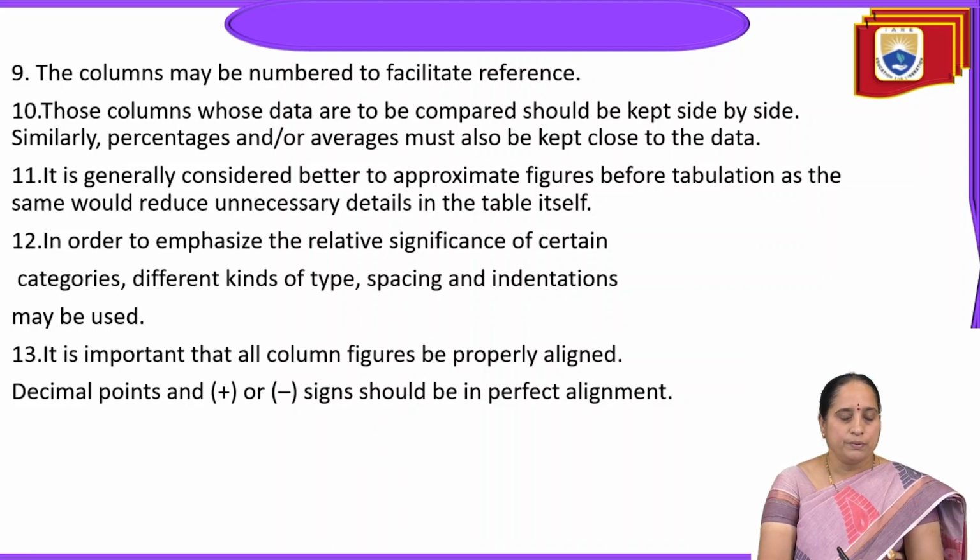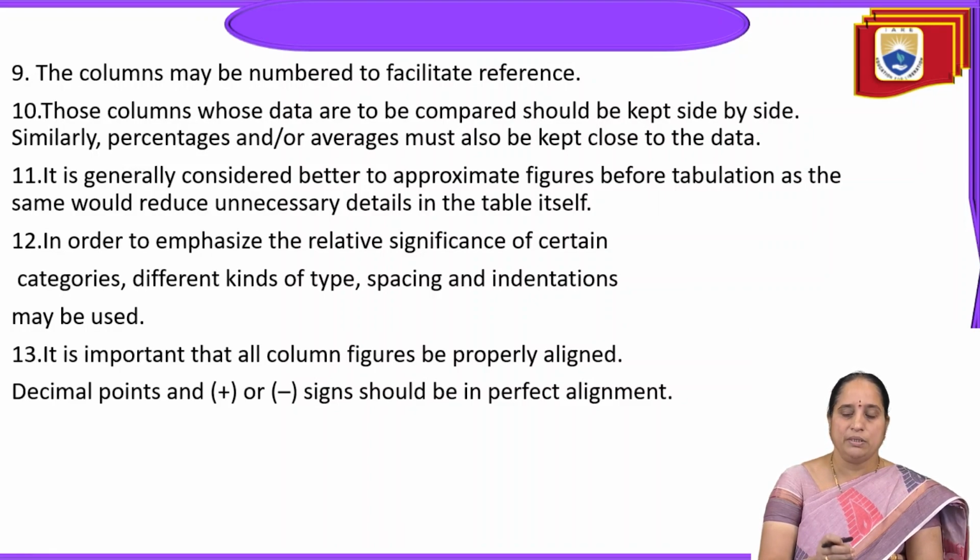Similarly, the percentages or averages must also be kept close to the data. And it is generally considered better to approximate figures before tabulation, as this would reduce unnecessary details in the table itself. So we should not write anything in a descriptive manner, only the figures should be mentioned in the tabulation.